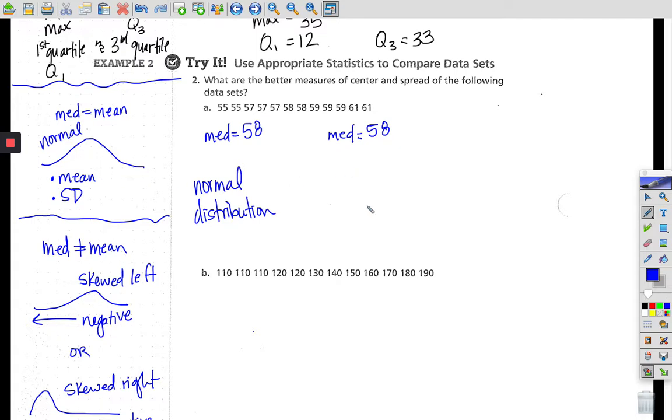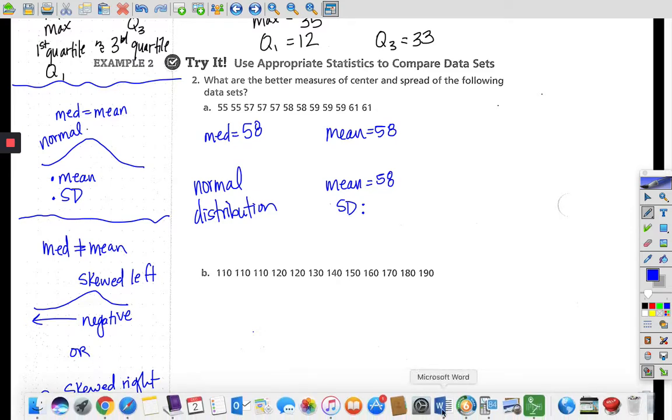And we want our mean and our standard deviation. So one of these is supposed to be mean. All right, if it's normal distribution, we want our mean and our standard deviation, which remember is that funny looking symbol.